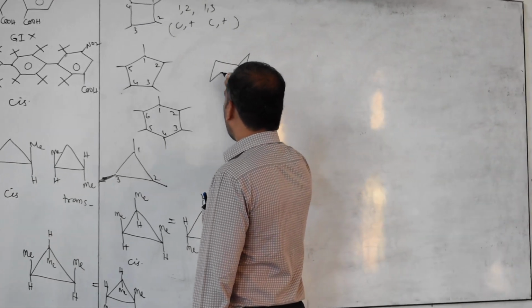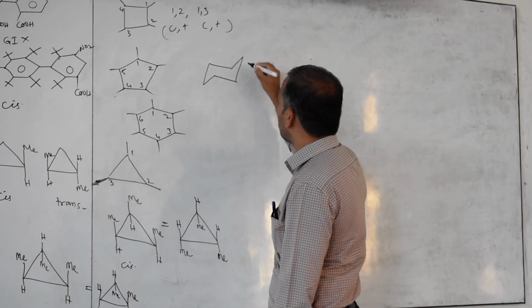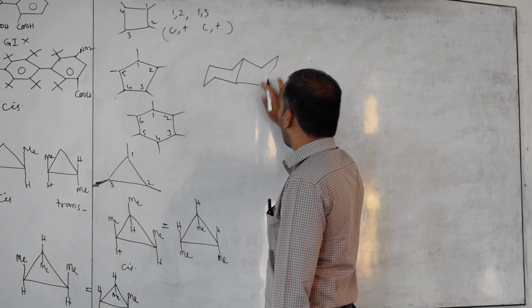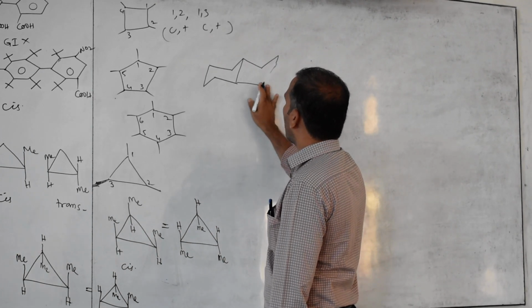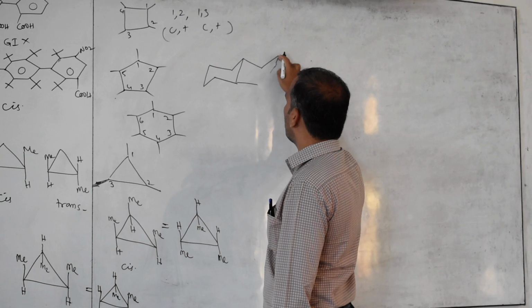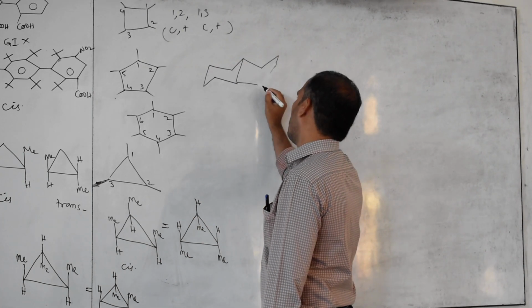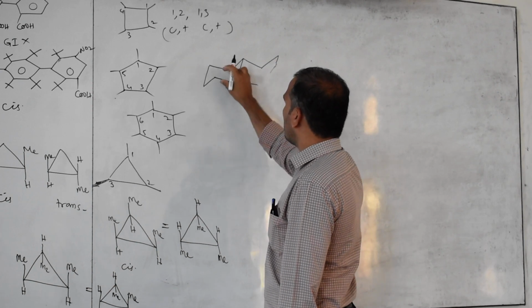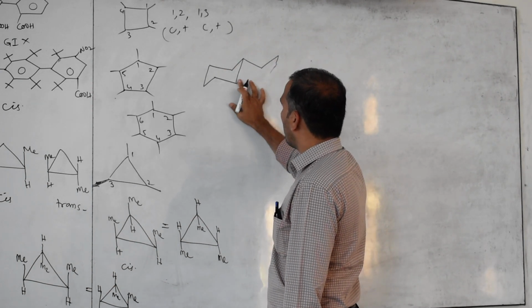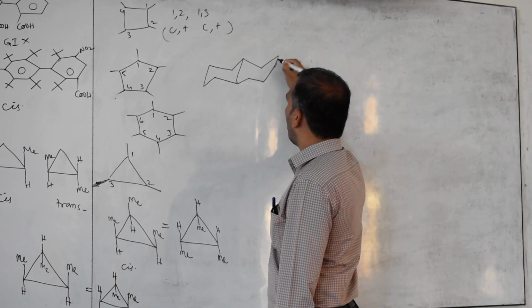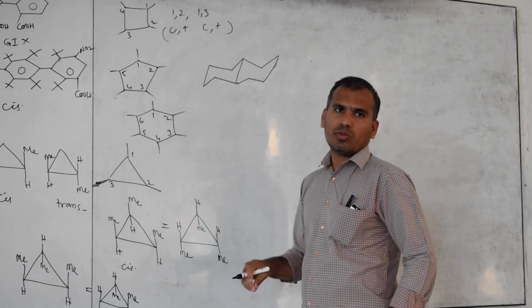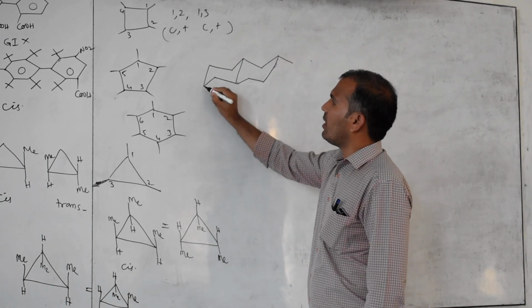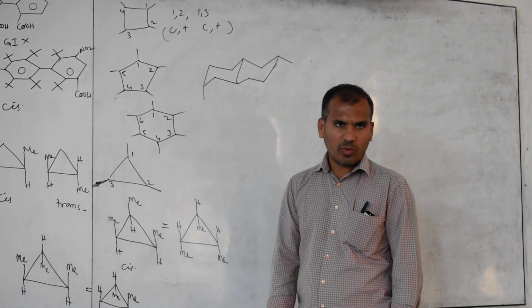Like this cyclic, that is cyclohexane chair form. Where? 1, 2, 3, 4. These are parallel. This is 2 cyclohexane rings. Now this is methyl.